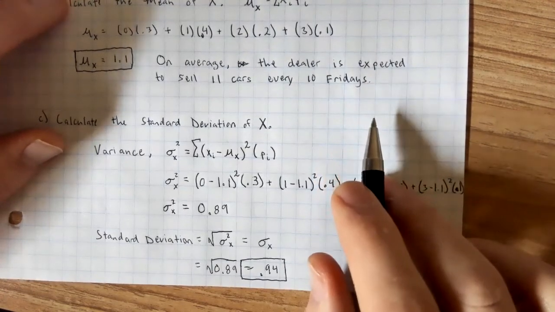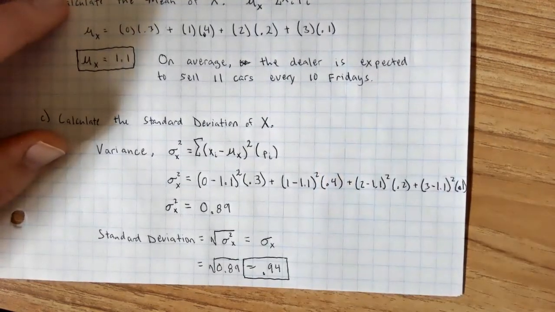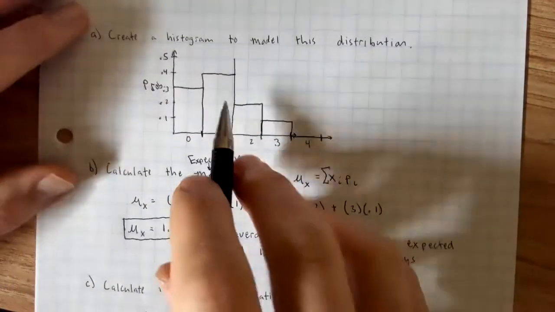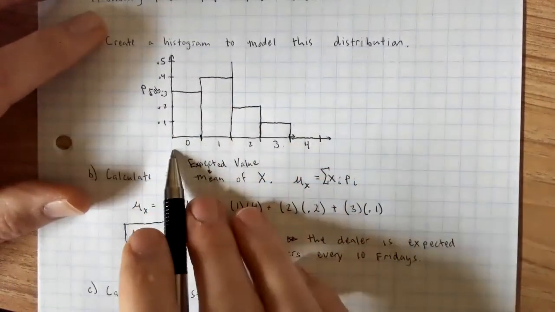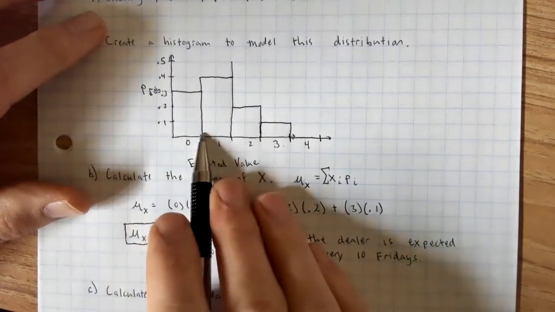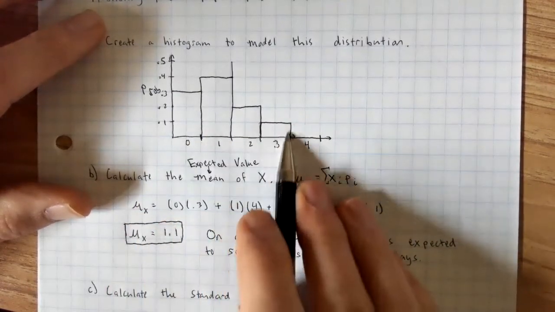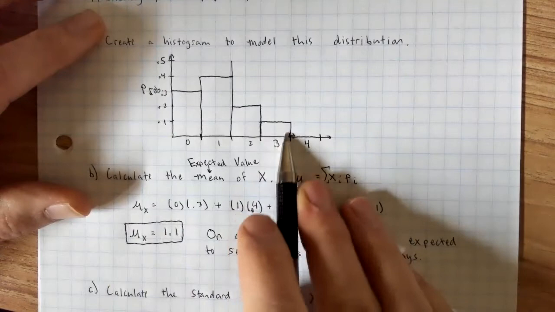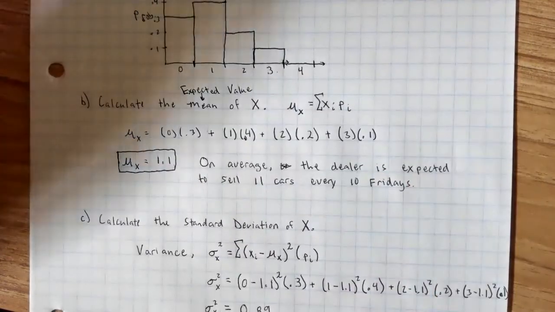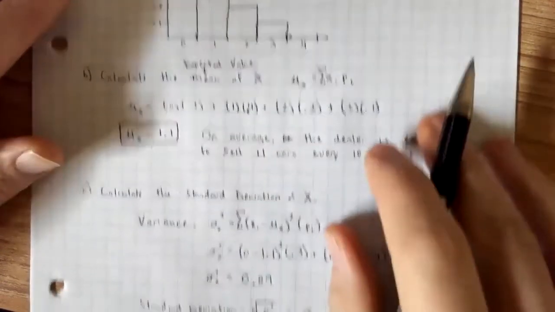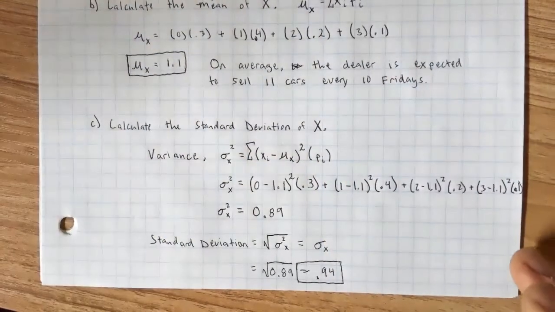So they typically sell between 0 and 2 cars, which is pretty obvious when we look at our histogram. Very rarely are they going to get up here to 3. And it doesn't vary like that altogether. It varies to the mean. Standard deviation is a typical error to the mean.